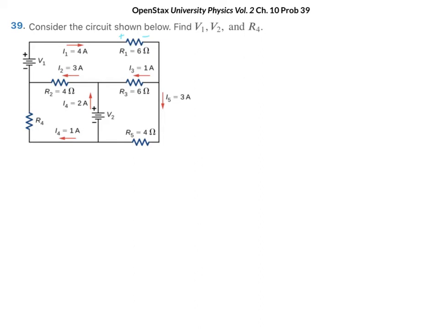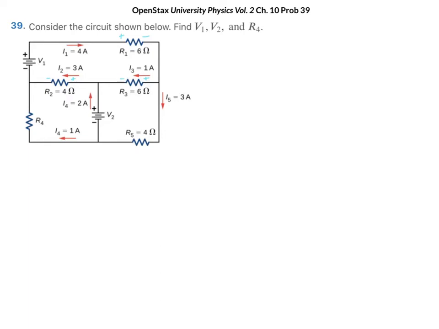Then similarly here, this end of the resistor is at the higher potential, that is at the lower potential, this is at the higher, this is at the lower. So we went around and labeled all of the different resistors with high potential, low potential, and so on. And the battery is already labeled as such.